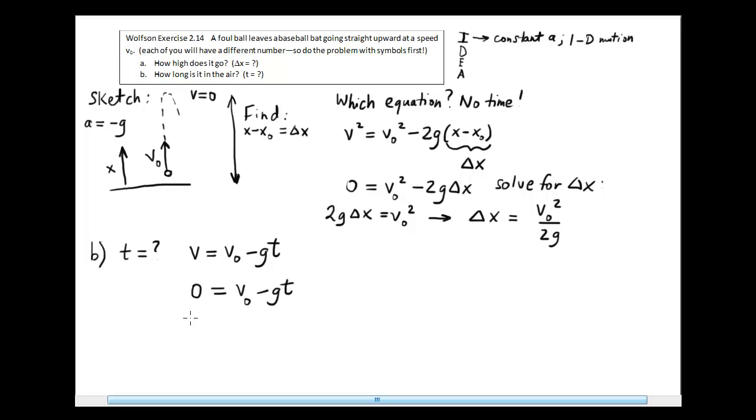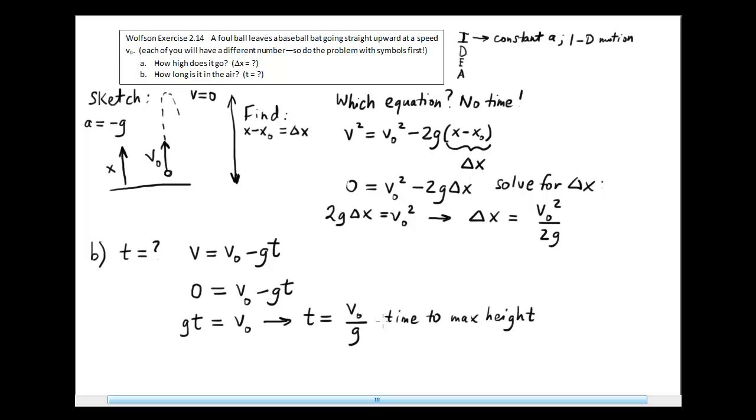If I then add gt to both sides of the equation, I get gt equals v0, and solving for t, I get v0 over g. This is the time that it takes the ball to go from the initial location to its maximum height, so I'll just write that down: time to max height.